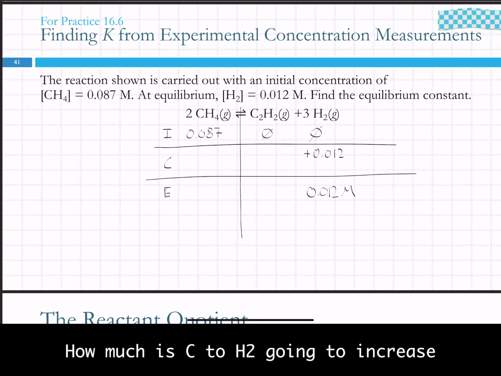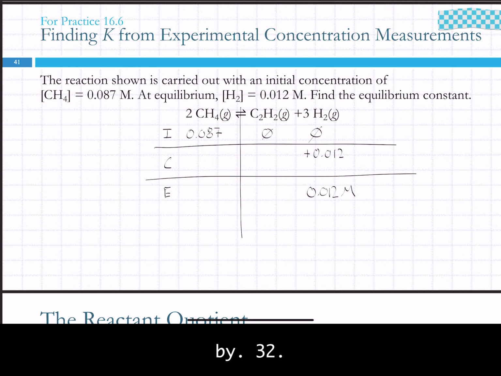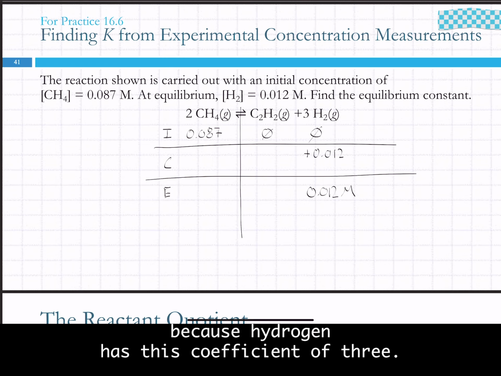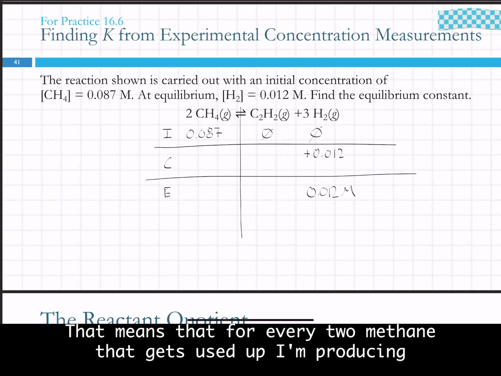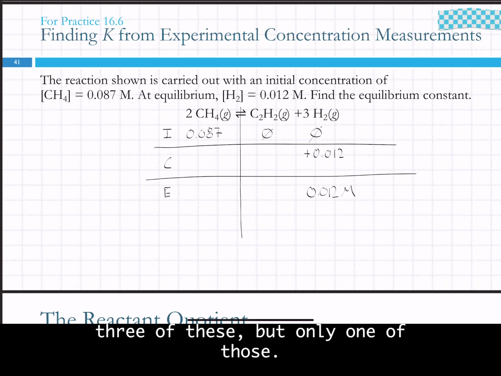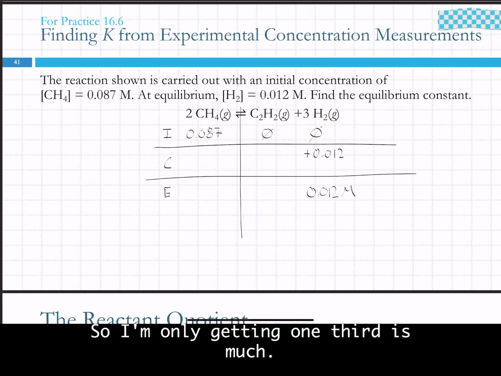How much is C2H2 going to increase by? One-third of that. Because hydrogen has this coefficient of 3, that means that for every 2 methane that gets used up, I'm producing 3 of these, but only 1 of those. So I'm only getting 1/3 as much.